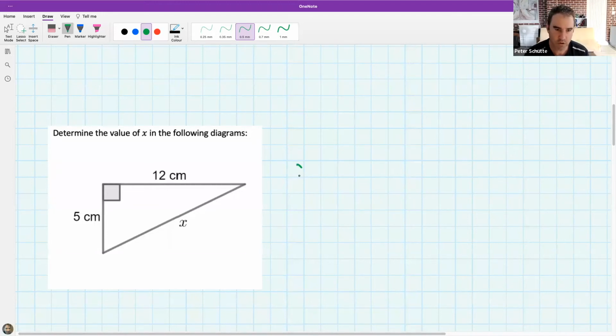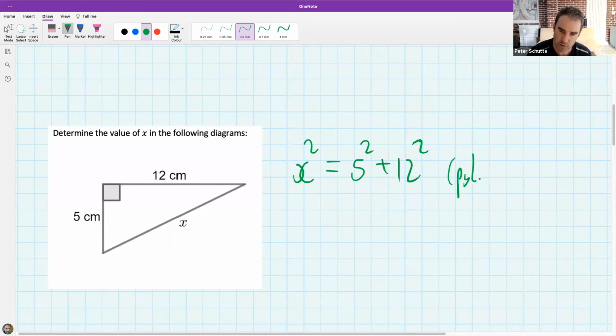I think if we wrote out Pythagoras the long way, we'd say x squared is 5 squared plus 12 squared. Now, again, when we use a tool, we normally have to write down a reason for that tool. So pythag.